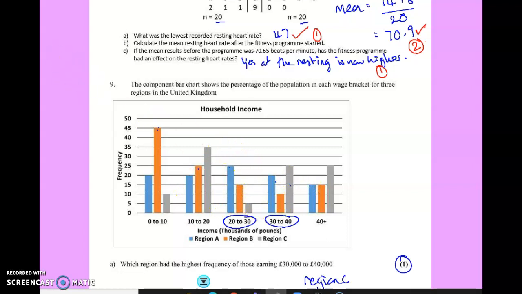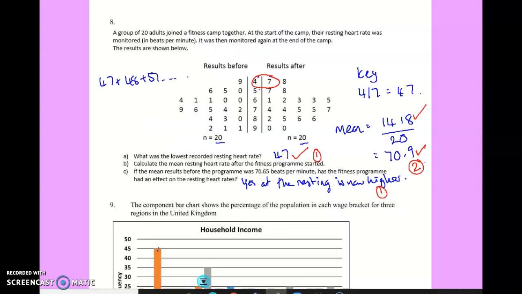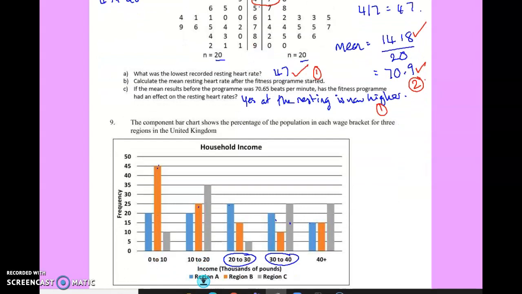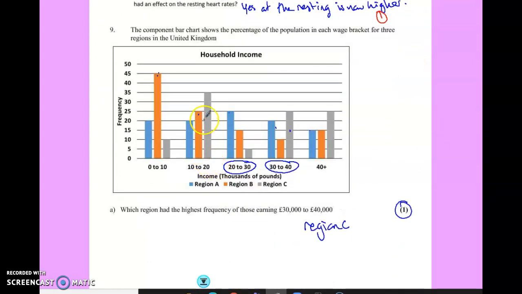Okay, so we want something along the lines of region B, since I've forgotten the numbers that I said now, I'm going to have to look back at the graph again. So we've got 45, 25, what's 45 add 25, 50, 70. We've got 70% earning less than 20,000.